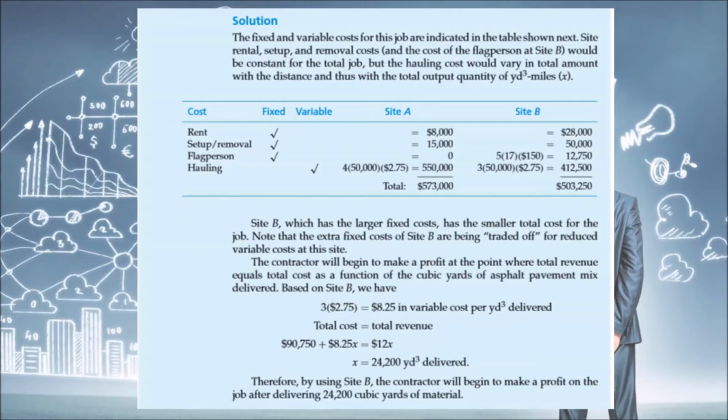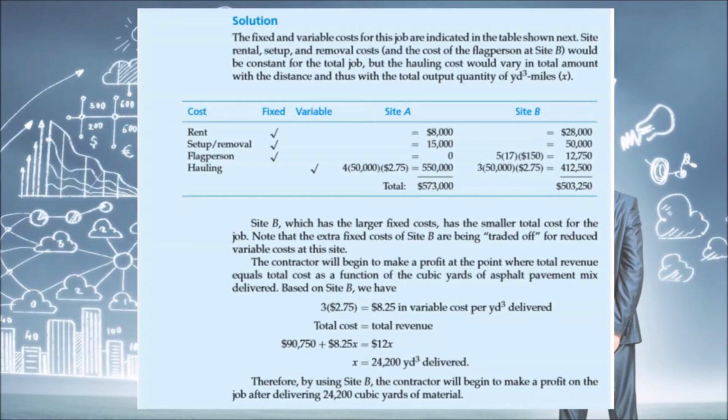Site B, which has the larger fixed cost, has the smaller total cost for the job. Note that the extra fixed costs of Site B are being traded off for reduced variable costs at the site. The contractor will begin to make a profit at the point where total revenue equals total cost as a function of the cubic yards of asphalt pavement mix delivered.